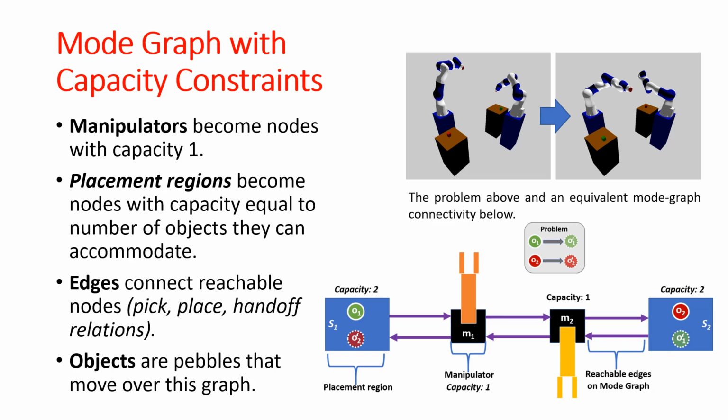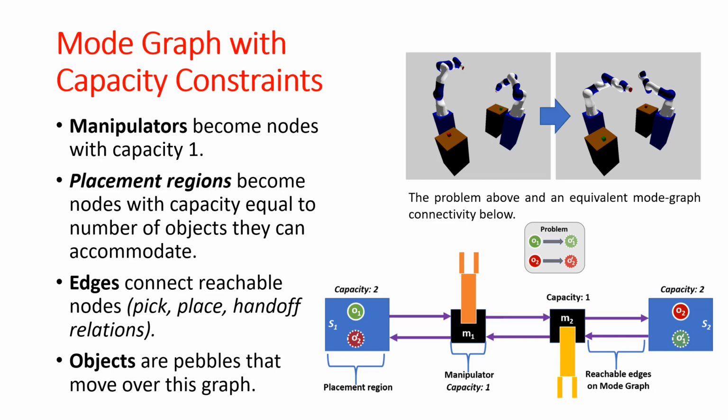So there are edges between the tables and each manipulator that is beside it, which represent either pick tasks or placement tasks. And there are edges between the manipulators themselves, which represent directional handoffs between the manipulators. And now, since these nodes have capacities, a valid solution that takes the object O1 from the left to the right and O2 from the right to the left needs to respect the capacities and also traverse the edges in such a way that the motions are valid.